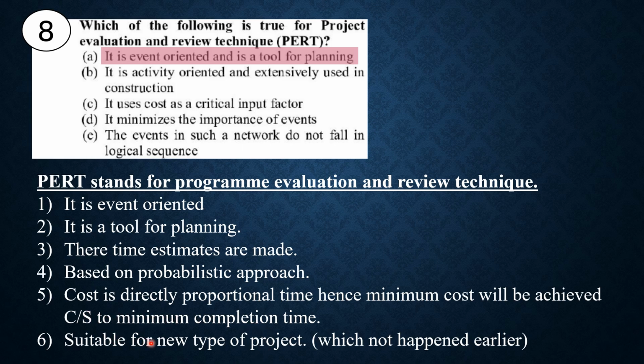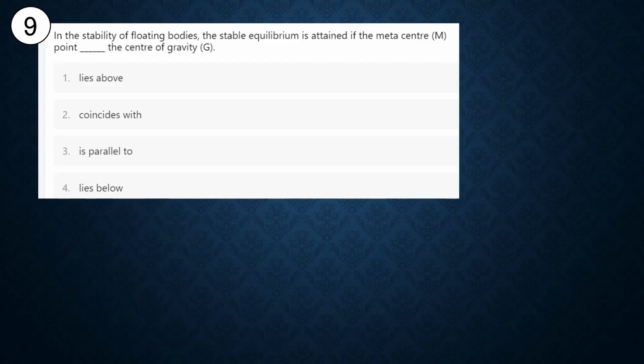Sixth, it is suitable for a new type of project which has not happened earlier. So option A is correct, because it is event oriented and is a tool for planning. Option A is correct.